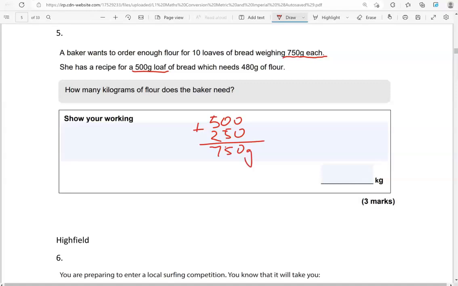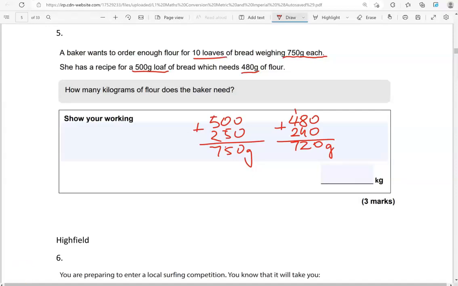You need 1.5 times of what you need for the 500 gram loaf. So 480, what is half of that? That is 240. So that is now 12 by 7. So 720 grams of flour are needed for a 750 grams bread.